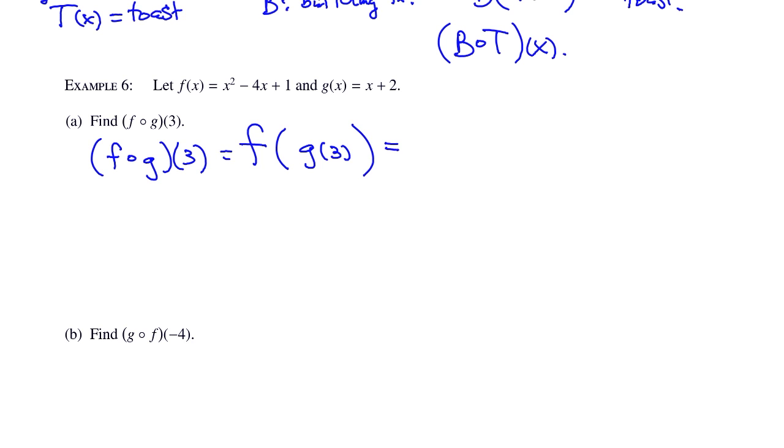So first we need to figure out what g of 3 is. You do the inside first, and then you work your way outside. So g of 3 is 3 plus 2. 3 plus 2 is 5.